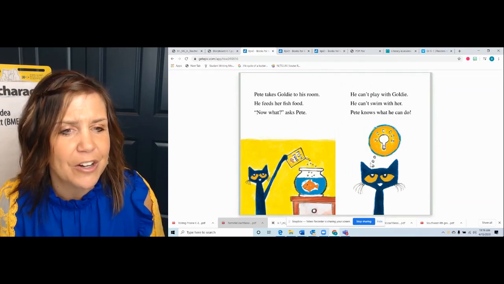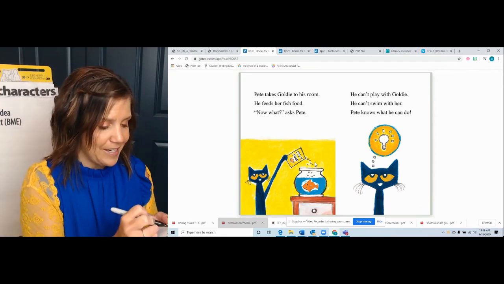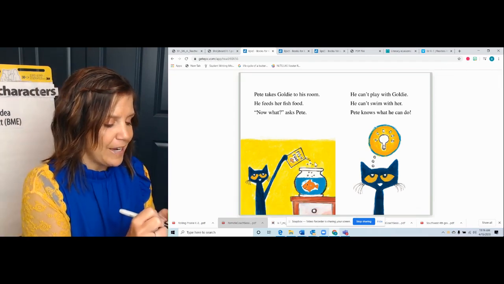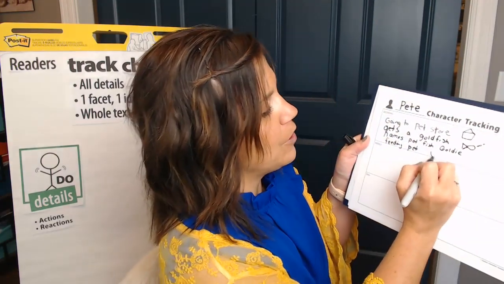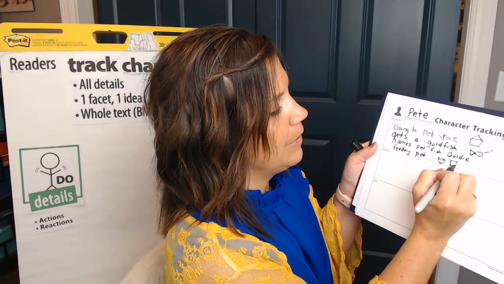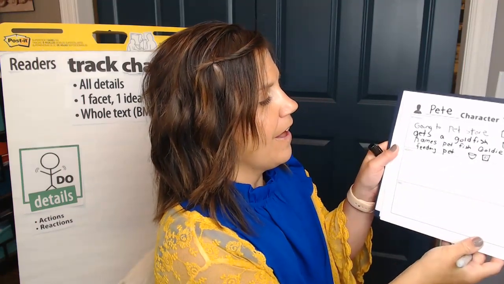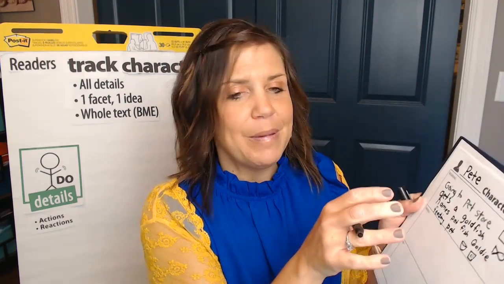What is he doing here? You can even just look at the picture. He is feeding his pet. So I'm going to write feeding pet. And I'm going to draw a little fish bowl and maybe a box of fish food. Okay? All right, so that's sort of the beginning. That's what he's doing at the beginning.